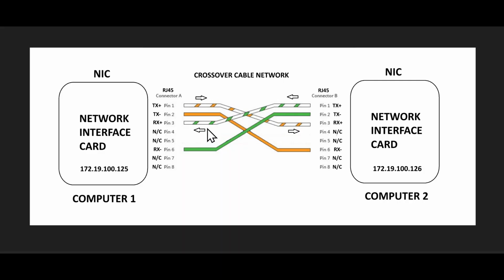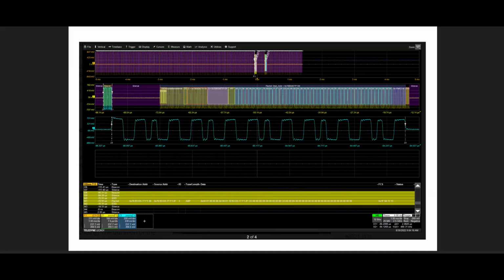Now, when I talk about the data that's going out, these are the Ethernet packets. And when I say packets, this is what I'm talking about. It is just a burst of data.